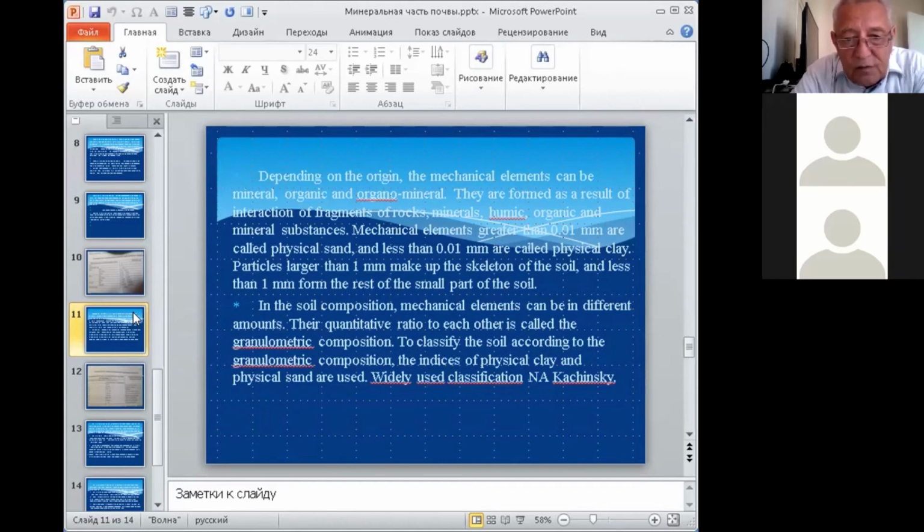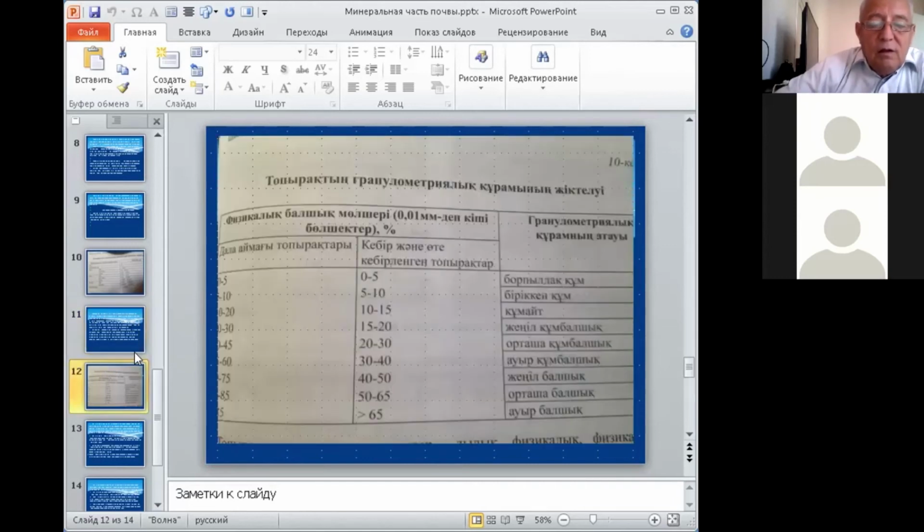The widely used classification is Kaczynski's. On the slide, you see the granulometric classification by Kaczynski.